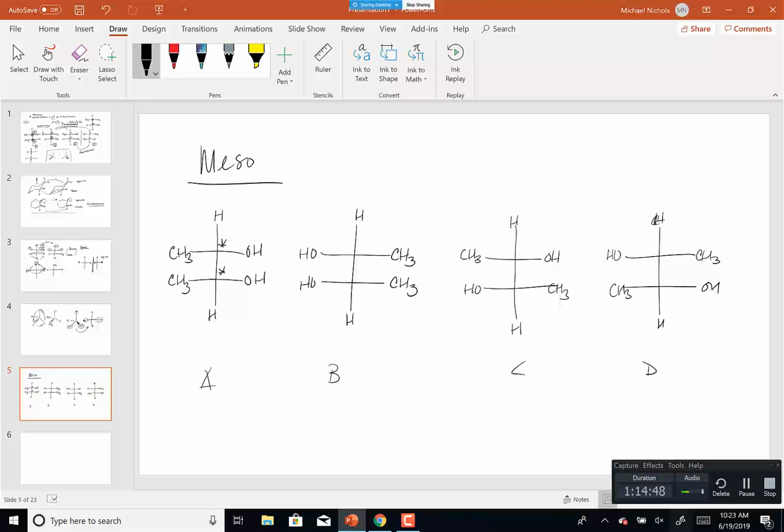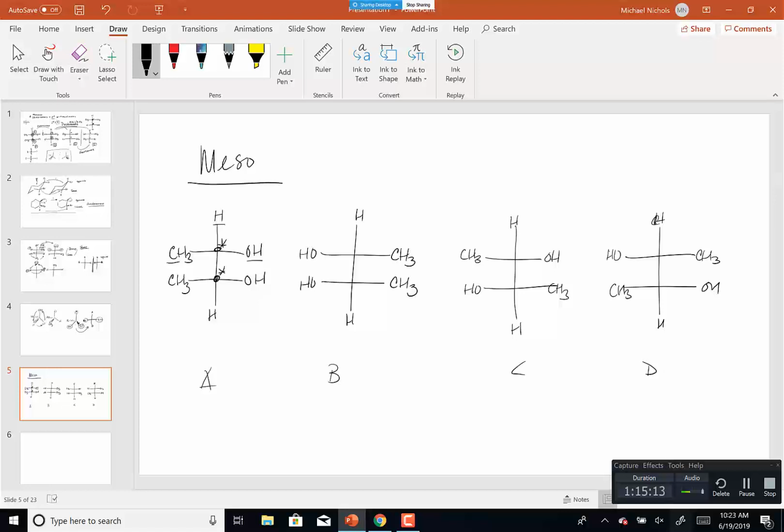Anybody concerned that those two carbons are not chiral centers? Well, if we're uncertain, we could say, okay, what's it got attached to it? A methyl, a hydrogen, an OH, and not a methyl. So it's got four different groups. This carbon, same thing.